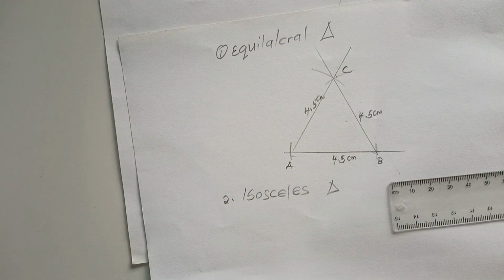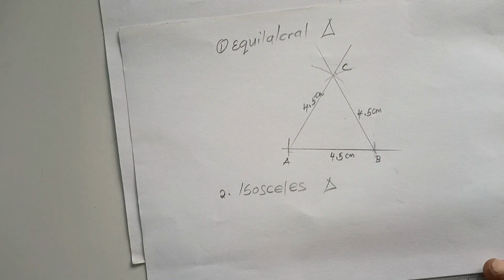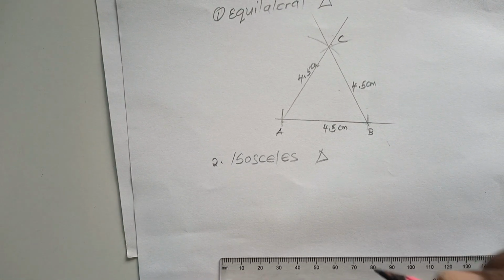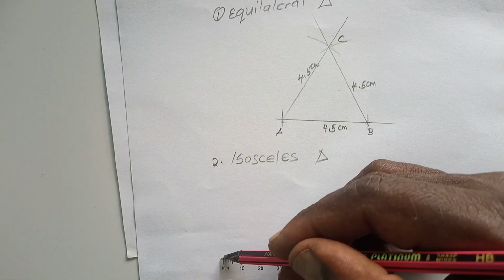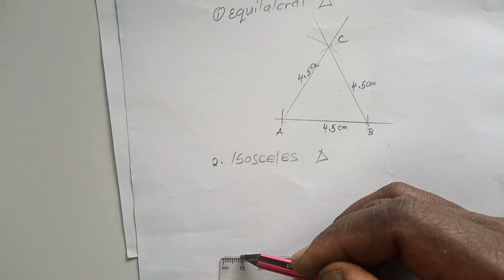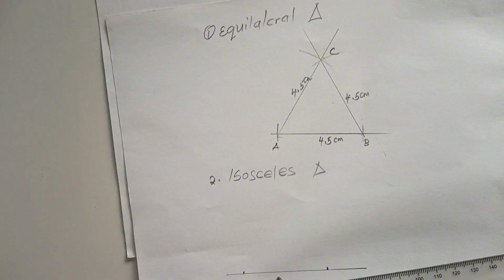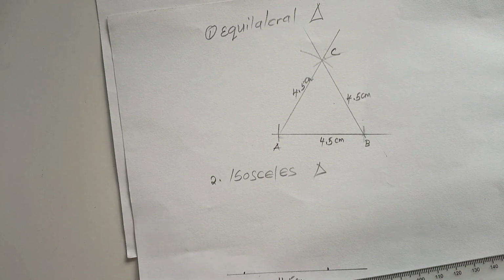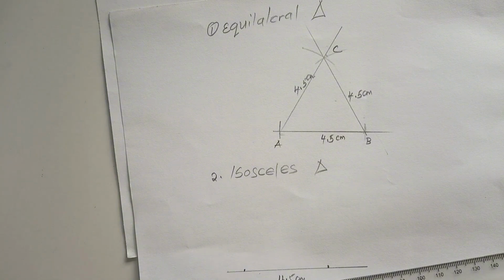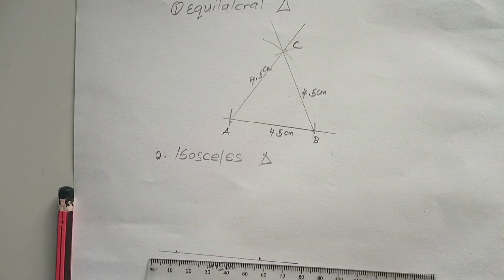Suppose we are given our length as 5.5 centimeters and 4.5 centimeters. So we are going to draw our base as 4.5 centimeters. And the other length is 5.5.